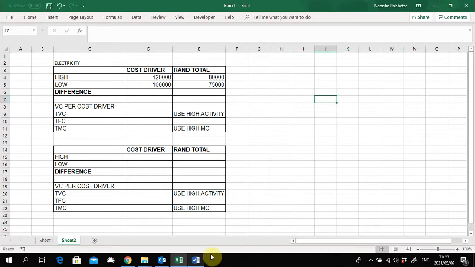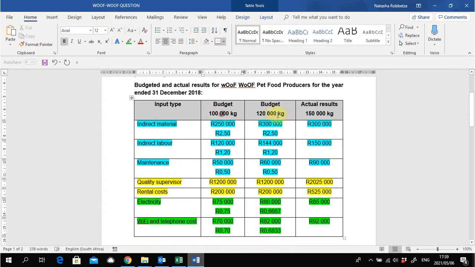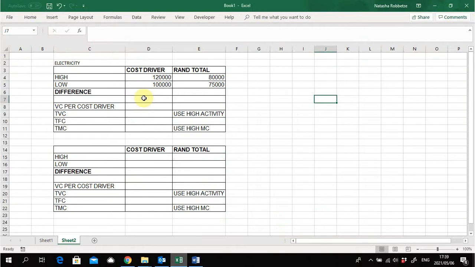So I'm now using this information and the cost driver, that information, to fill out my high-low. Thereafter, I need to get to the difference, which is the difference in the cost driver, high minus low, and then again the difference in the rand total, which is high minus low.